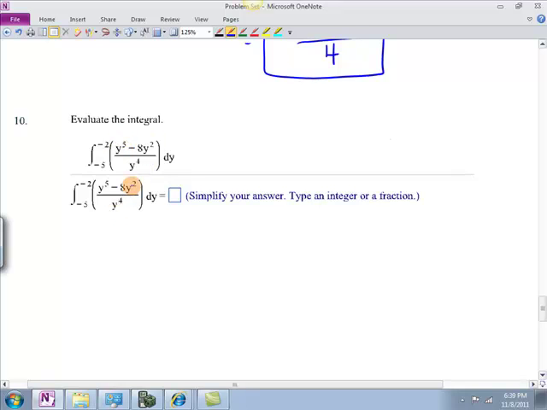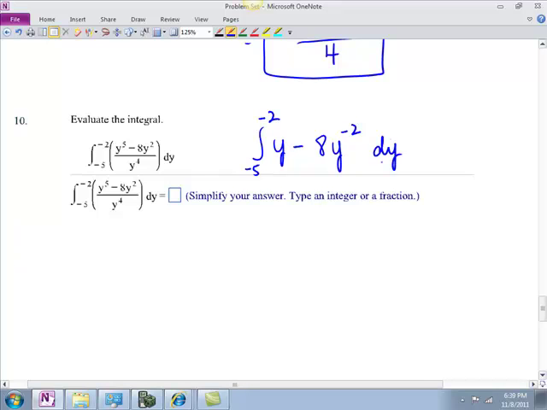So what's y to the 5th over y to the 4th? Y. Yeah, you want it all in one line. So that's the way I would rewrite it. Okay? And then it's pretty easy to take the integral.